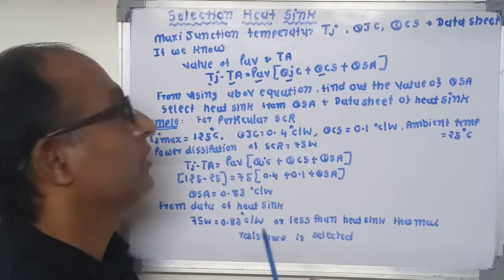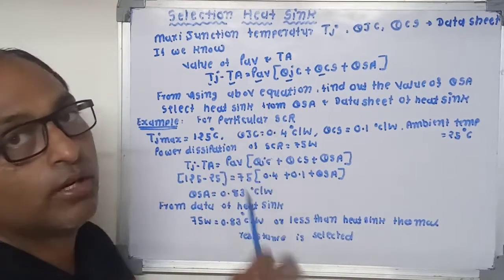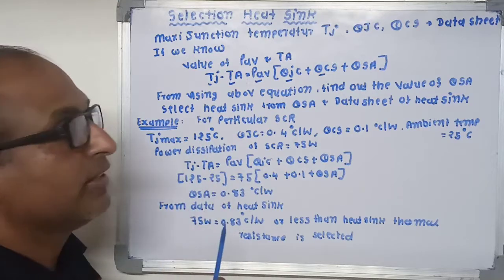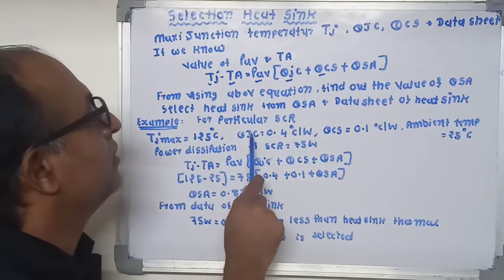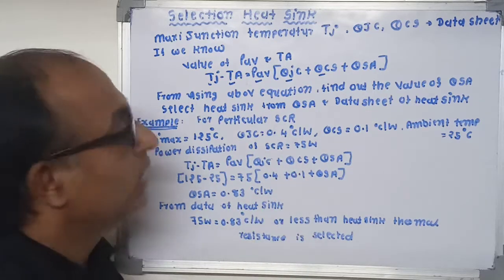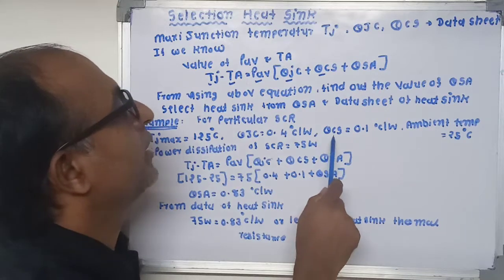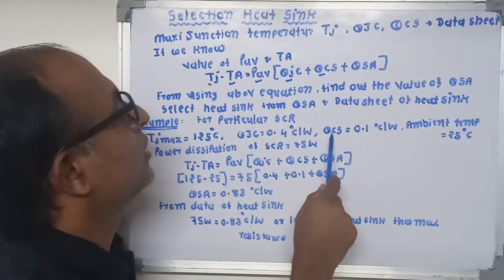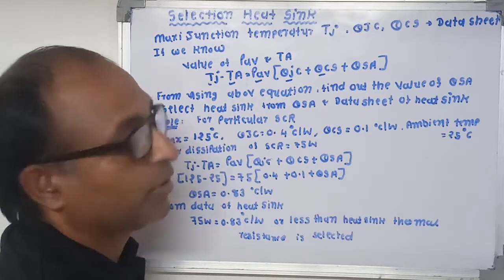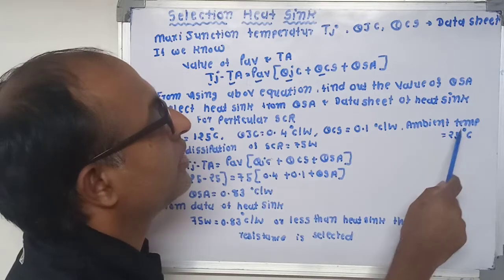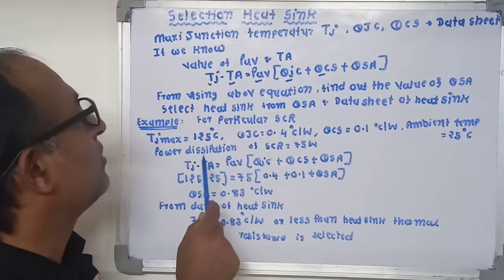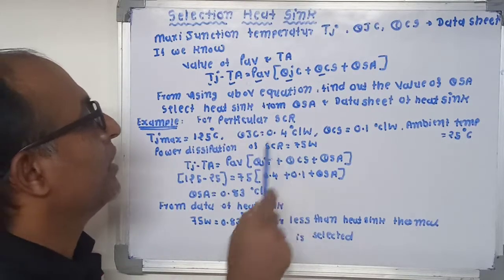So now let's take one example for a particular SCR. Tj maximum is equal to 125 degree centigrade. The thermal resistance between junction and case is 0.4 degree centigrade per watt, and the thermal resistance between case and sink is equal to 0.1 degree centigrade per watt. The ambient temperature is taken as 125 degree centigrade, and the power dissipation in the SCR is 75 watt.